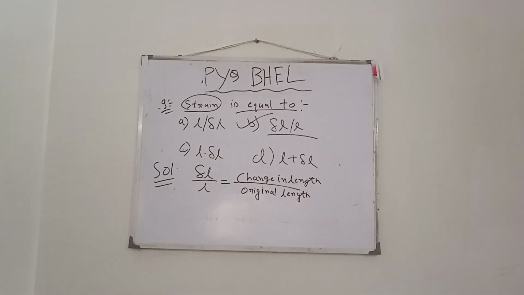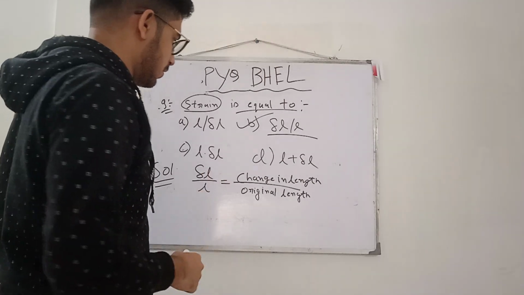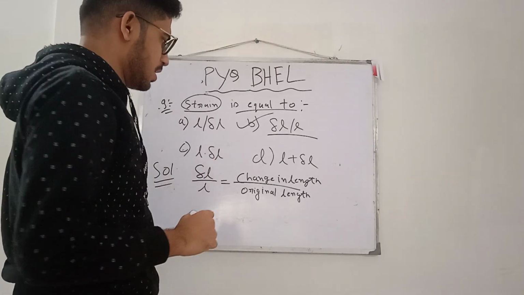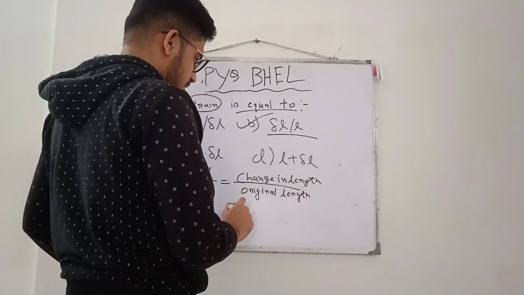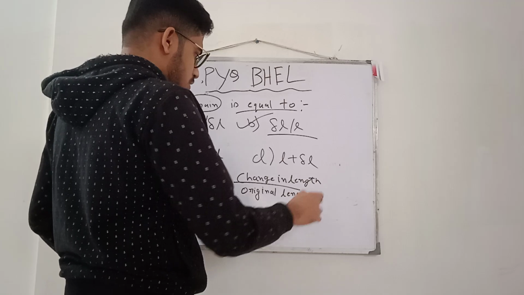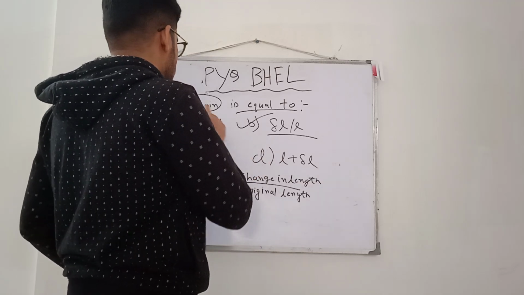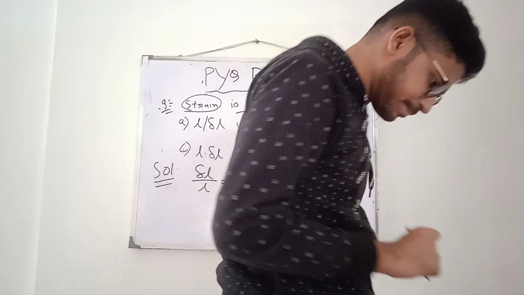So this is the actual meaning of strain. It means how much the length is changing relative to the original, initial length. So this ratio is known as strain.